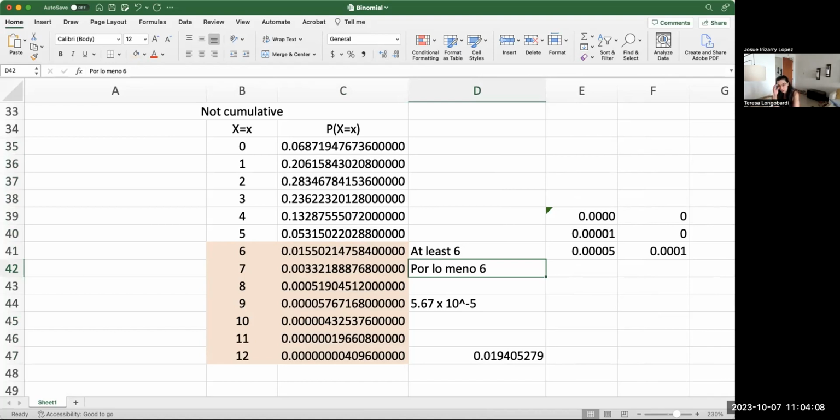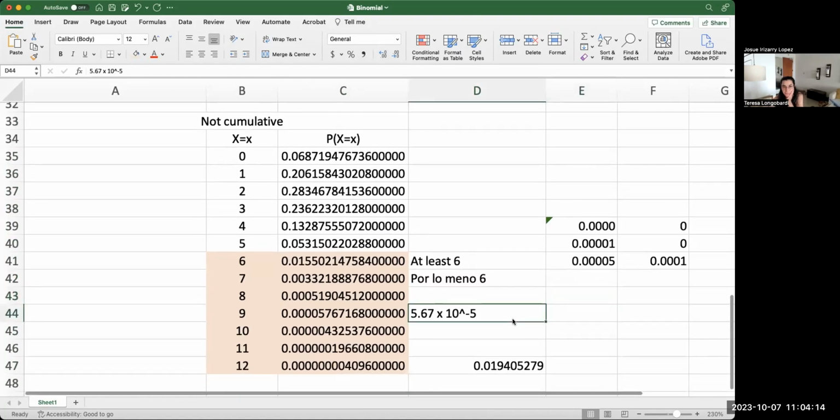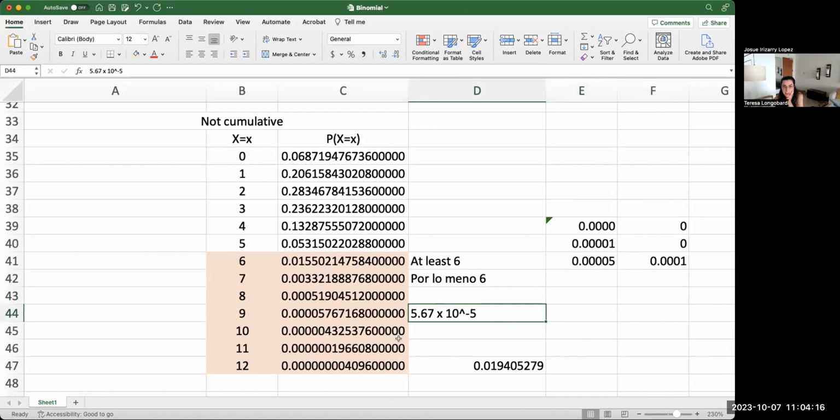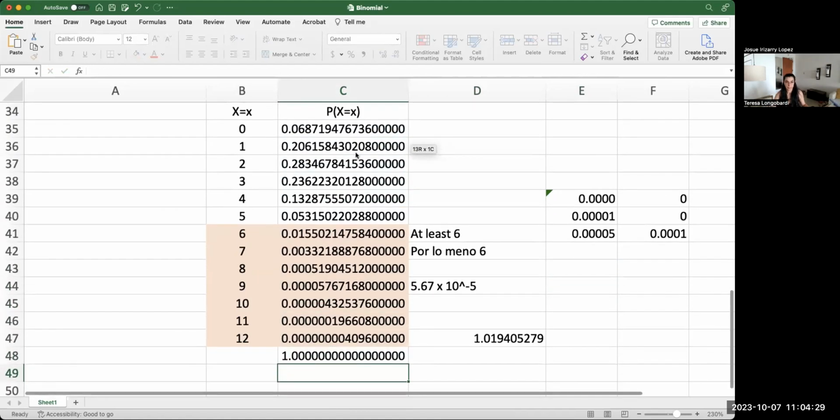But because we're virtual, teaching you the binomials in Excel, you can do a lot with Excel. And it's meaningful. You can see the whole distribution. It's nice. And this all should sum to 1. See?